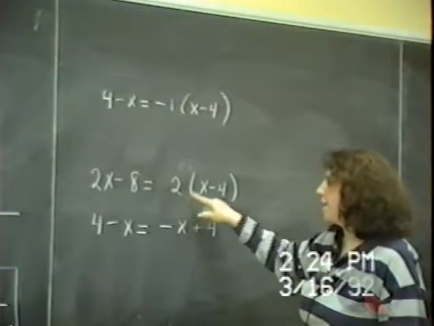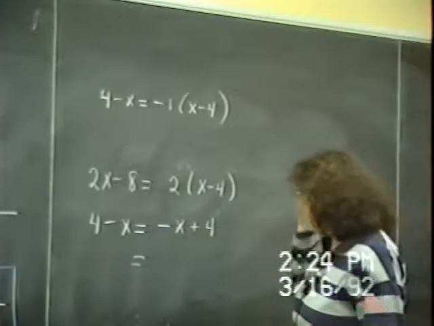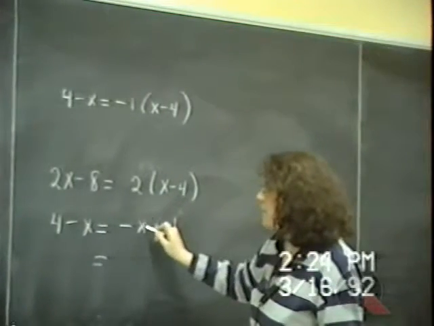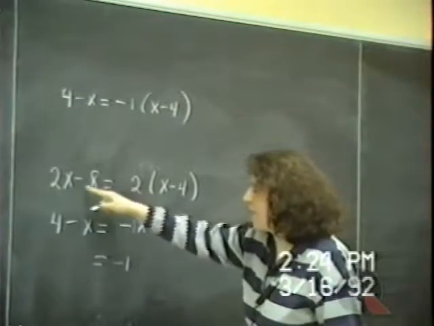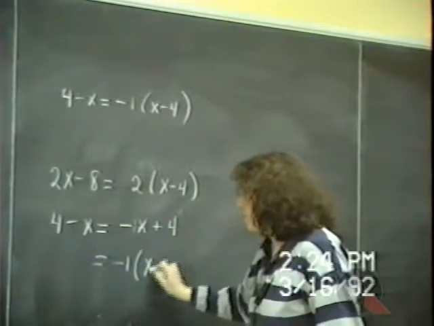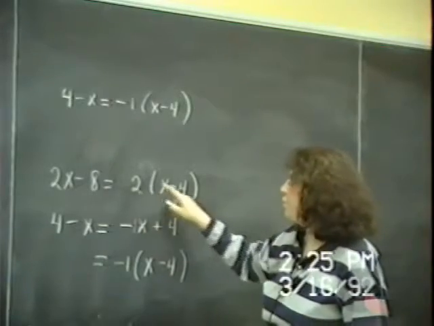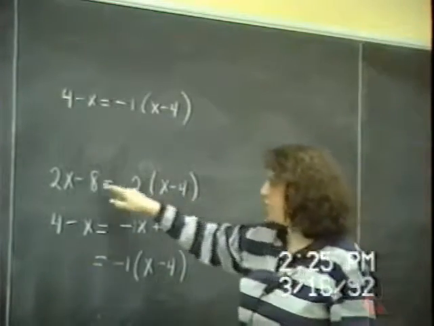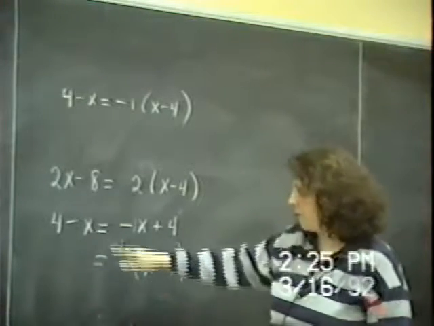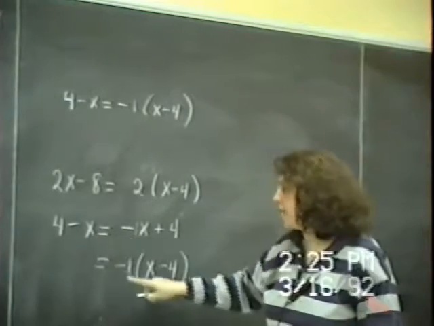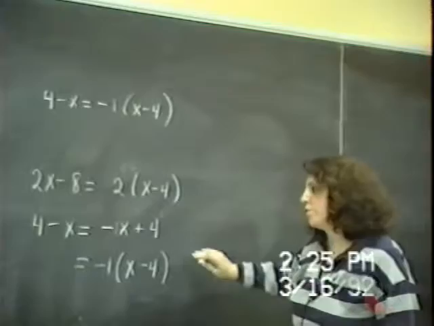And just the same way we factor the 2 out in this part, we could factor out a minus 1. We just don't usually think in terms of it, but minus x is really minus 1 times x. And I can factor out the minus 1 the same way I factored out the 2. And I'd be left with x minus 4. And just like you can check this and say, well, this is 2x minus 8 using the distributive law, this works. This is minus x plus 4, this works. So remember that 4 minus x can be rewritten as minus 1 times x minus 4. And that's really the hardest part of this problem.